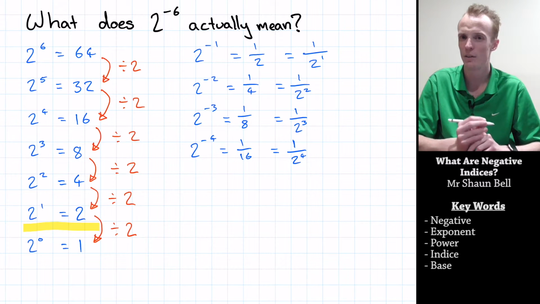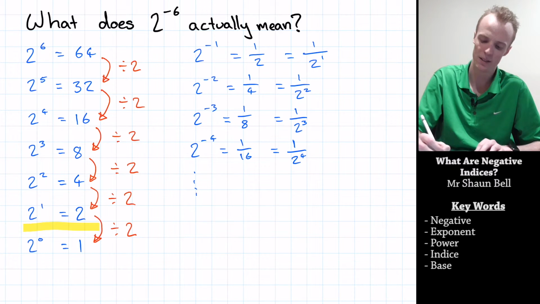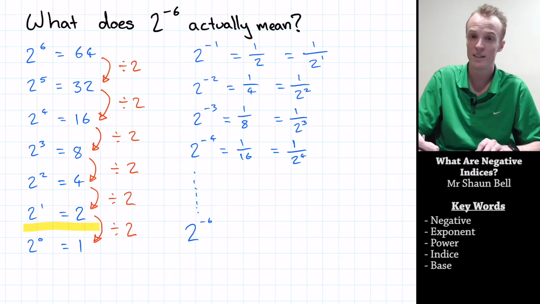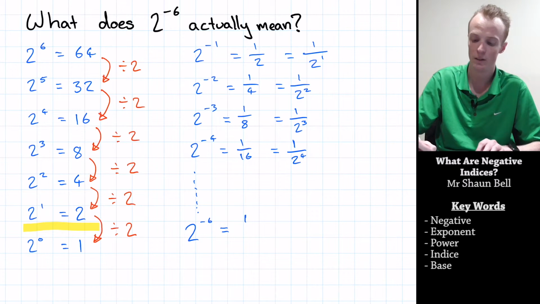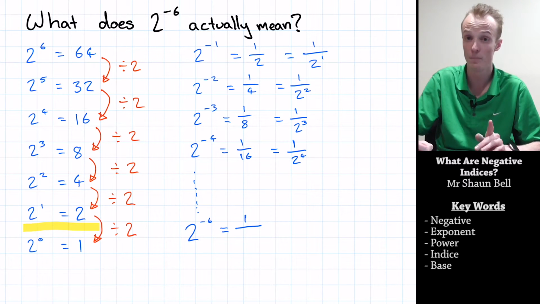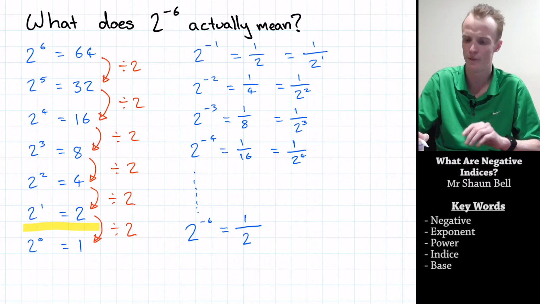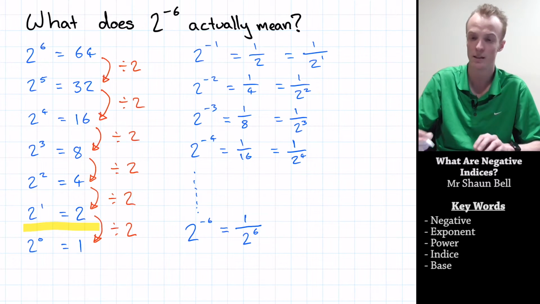And what do you know? The pattern seems to continue. So if we were to continue down and make a prediction for 2 to the power of negative 6, we're suggesting that this is equal to 1 divided by the same base, which is 2, but to the positive of that power, which is 6.